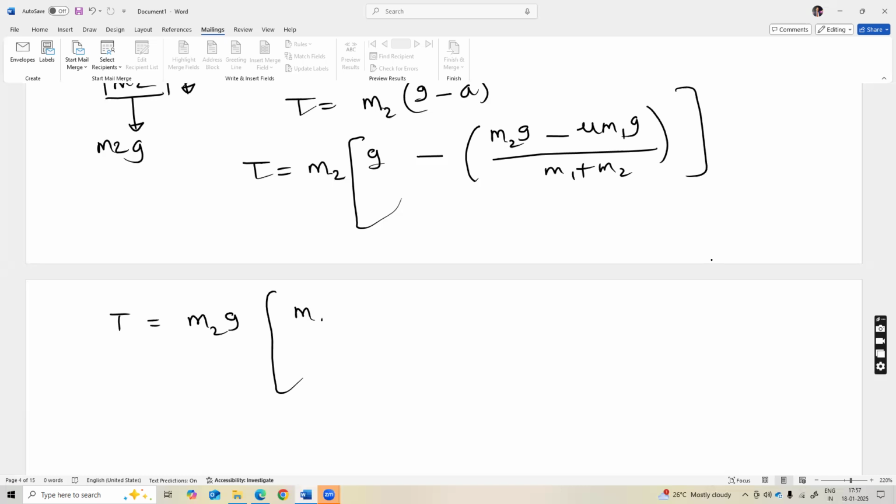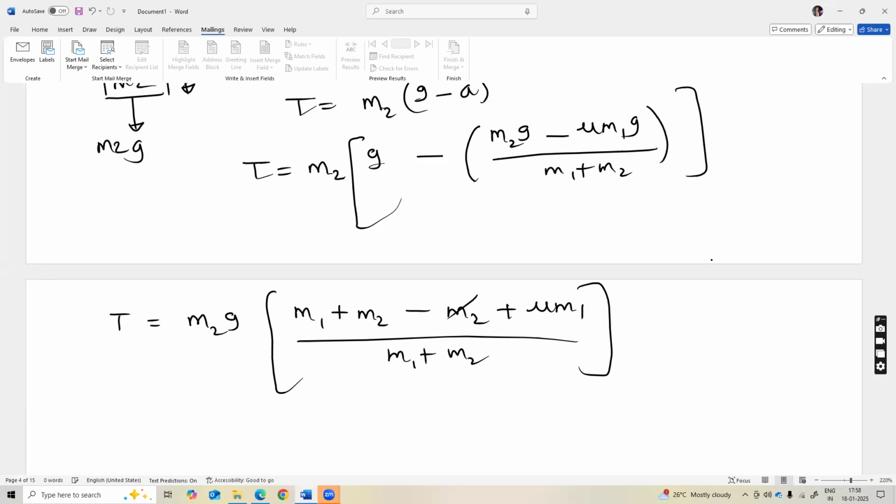After that we will get a common denominator, so m1 plus m2 minus, g has gone, so it is m2, and minus minus plus mu m1, divided by m1 plus m2. So m2 m2 will get cancelled, and we can take m1 as common.